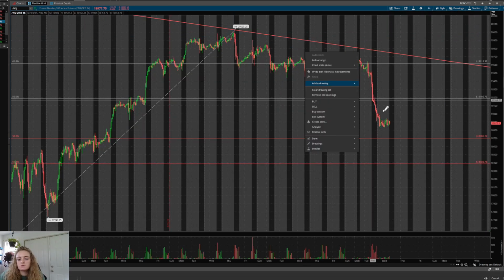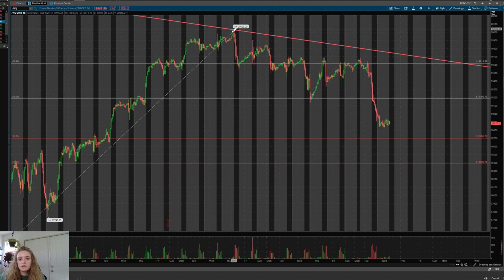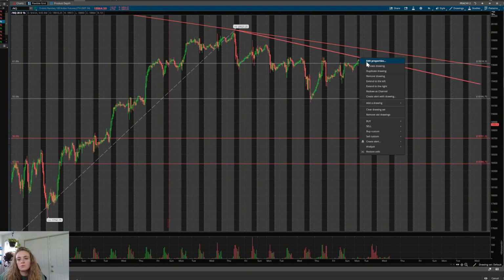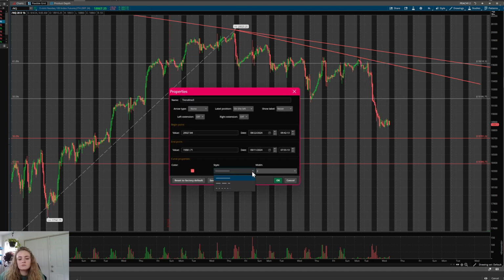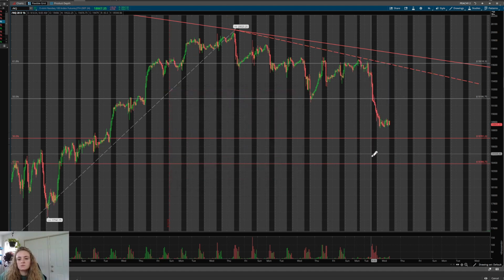This trend line is interesting to me. It's kind of a touch. And I'm gonna mark it though. So I always do my micro trends dotted. It just makes sense to me.